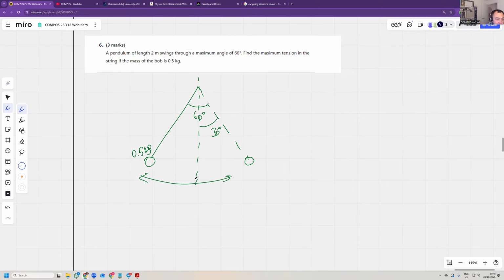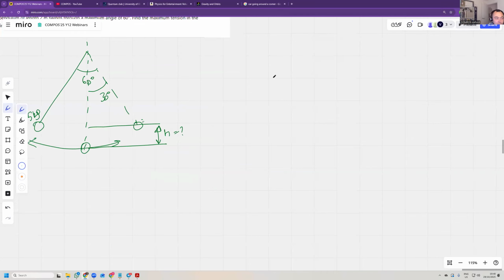And we need to calculate. So when it reaches this point, it momentarily stops. So we want to know the change in height first of all. If we draw this, this is the length of the rope, and this angle is 30 degrees, then this distance is L cos 30.